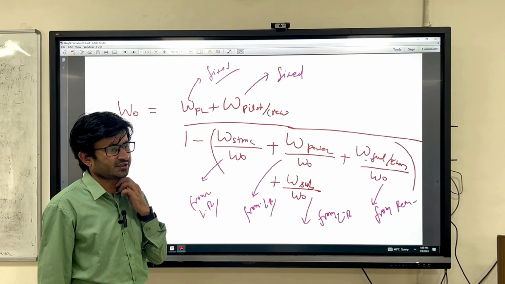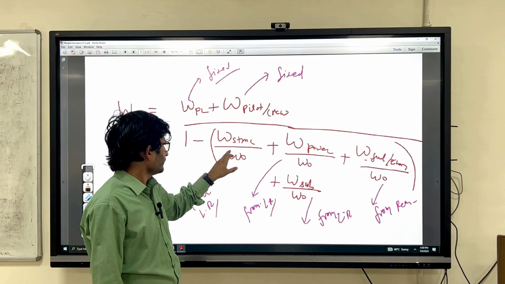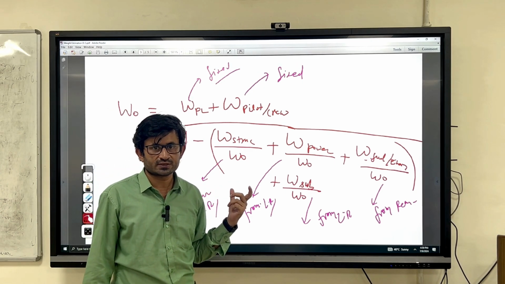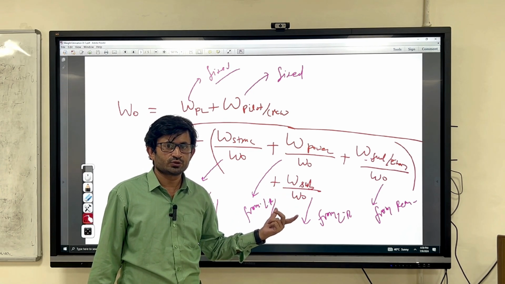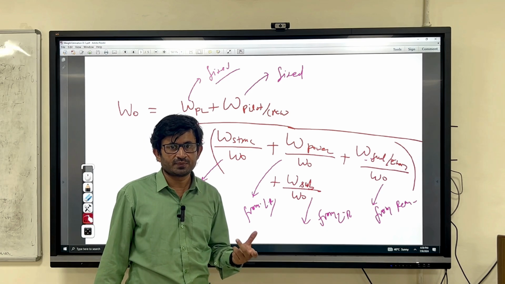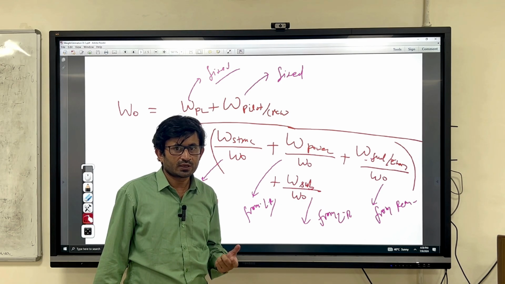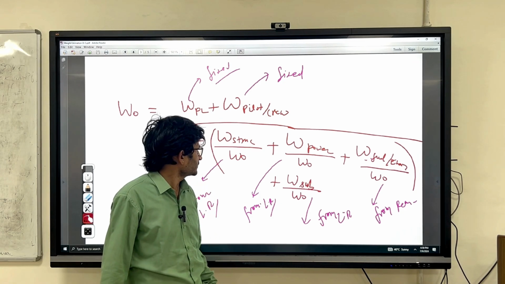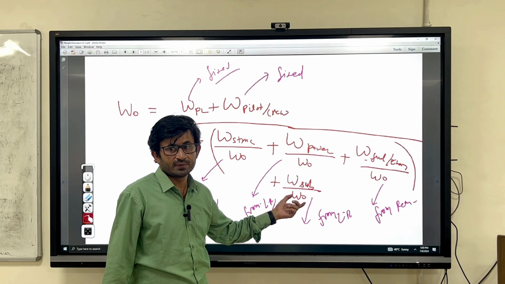Generally the structure weight is around 30% only, so to be more conservative we have taken W structure by W naught as 30%. In the last slide I have given you the reference also, so you can go to the reference and collect this ratio. Then for the power plant I have taken 15%, the fuel weight we already got from the requirement, and subsystem weight is 10%. So 30, 15 and 10 make 55.